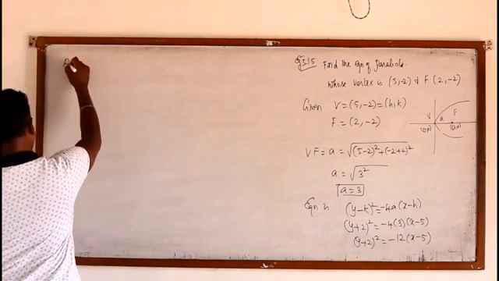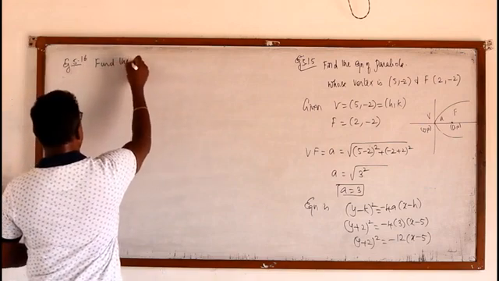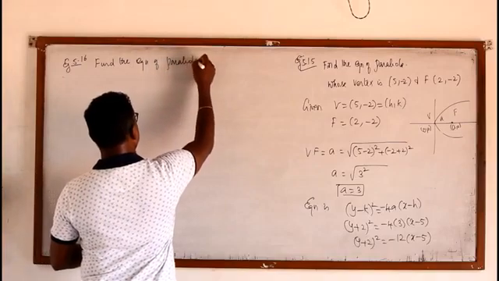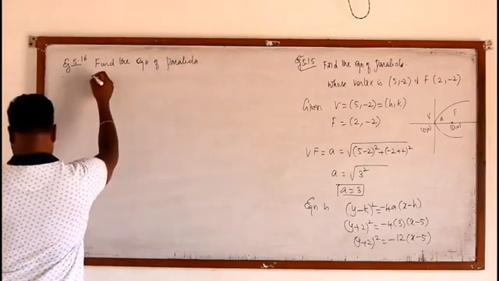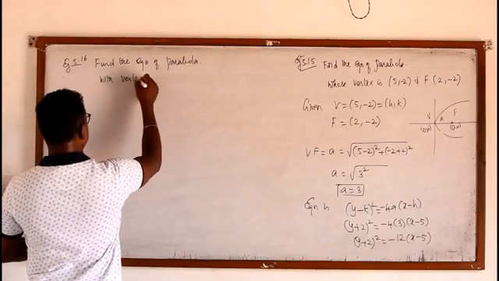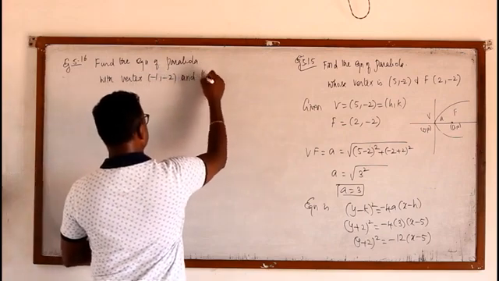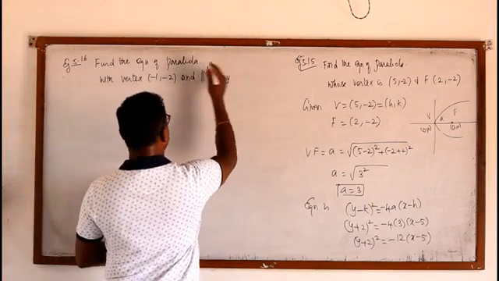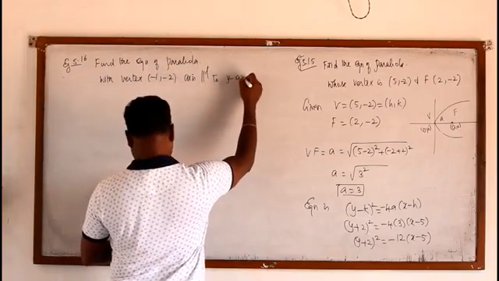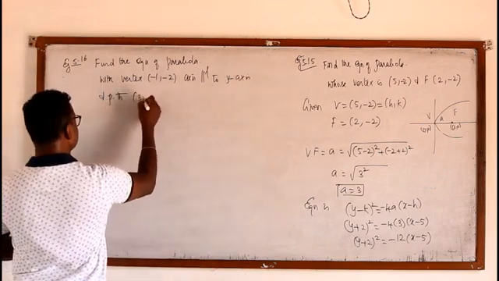Example 5.16. Find the equation of parabola with vertex (-1, -2) and the axis is parallel to y axis and passing through (3, 6).